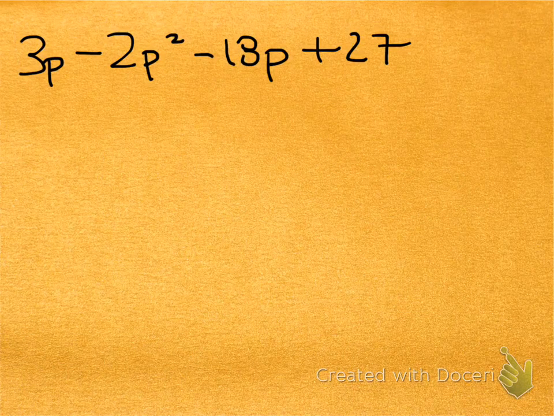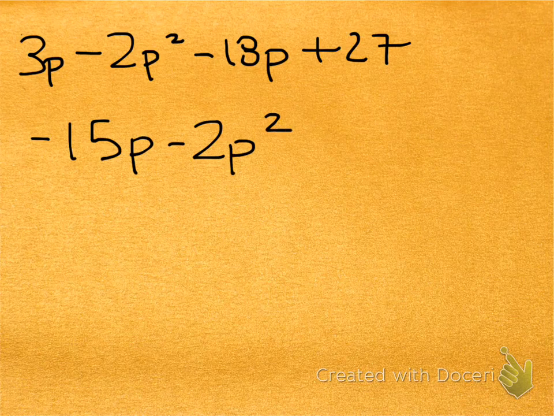Here again we have 4 terms, but we can combine like terms first, because if you do have like terms, you want to combine them. So you have negative 15p minus 2p squared plus 27.